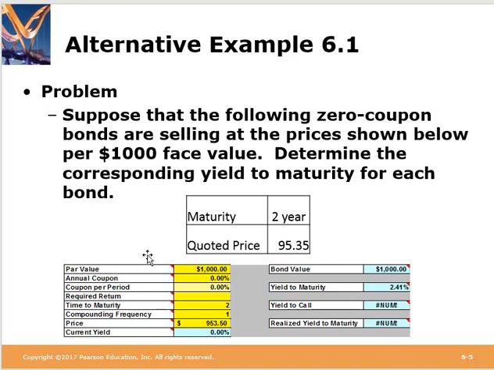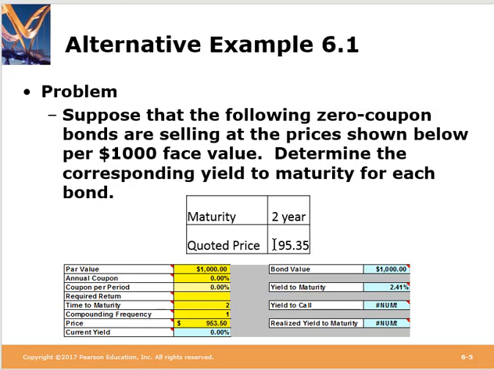In this case, it's a zero coupon bond. So you put a zero in for coupon. We don't need to know the required return. We're going to calculate the yield to maturity. And it is a semi-annual paying coupon or a maturity. The time to maturity here is 2 years. And it has a compounding frequency of once a year.